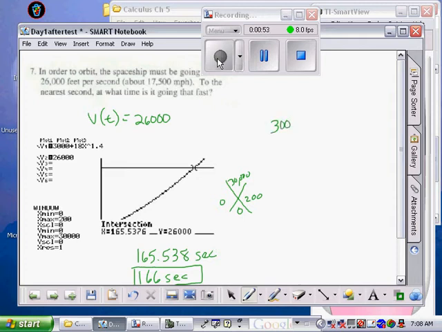You would take 3,000 plus 18x to the 1.4 and set it equal to 26,000. Subtract your 3,000. So that would equal 23,000. Divide by 18.